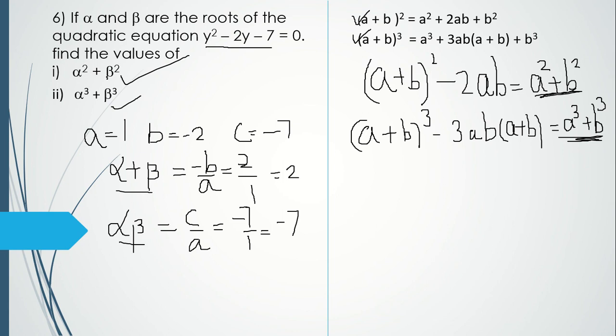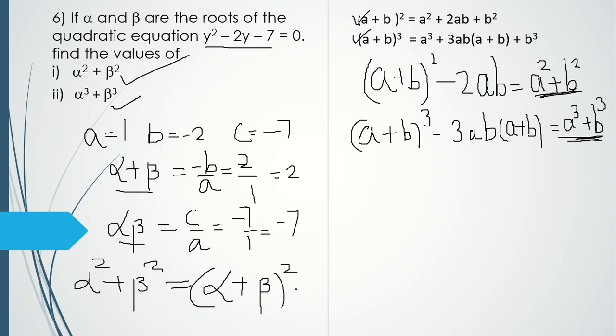You have to find alpha square plus beta square, no? Now for alpha square plus beta square, we write this formula: alpha plus beta the whole bracket square minus 2 times alpha beta.